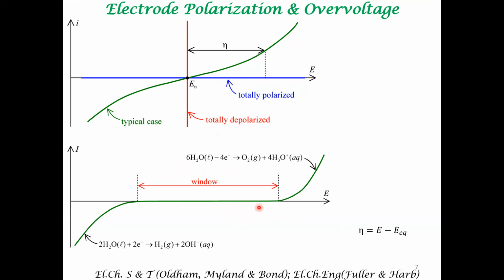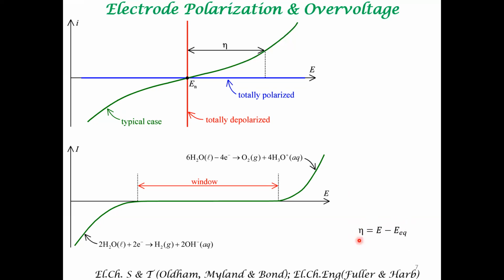So with this, I can define another quantity called the overvoltage, or the overpotential. So how is the overpotential defined? Suppose I can define the minimum equilibrium potential for oxygen evolution. I can define the overpotential of the system as the potential where you are in minus the equilibrium potential required for oxygen evolution.